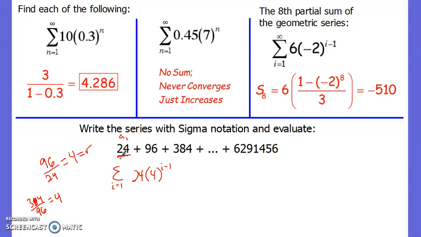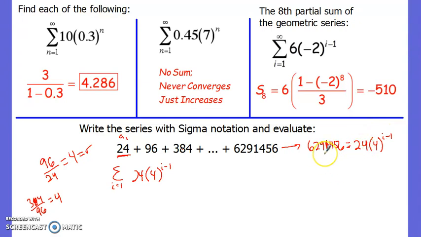So what I do need to do is set my last term, 6291456, equal to my sequence now, so that I can figure out which term this is. So equal to 24 times 4 raised to the i minus 1.